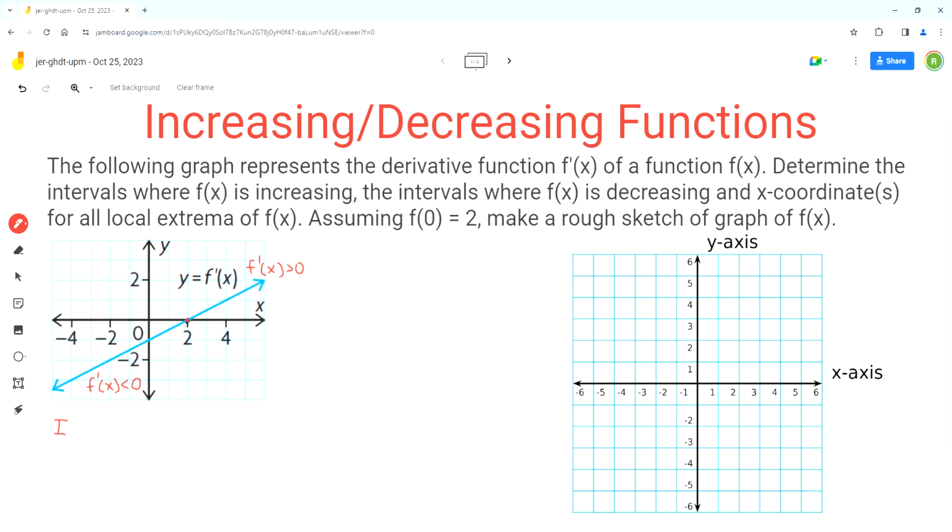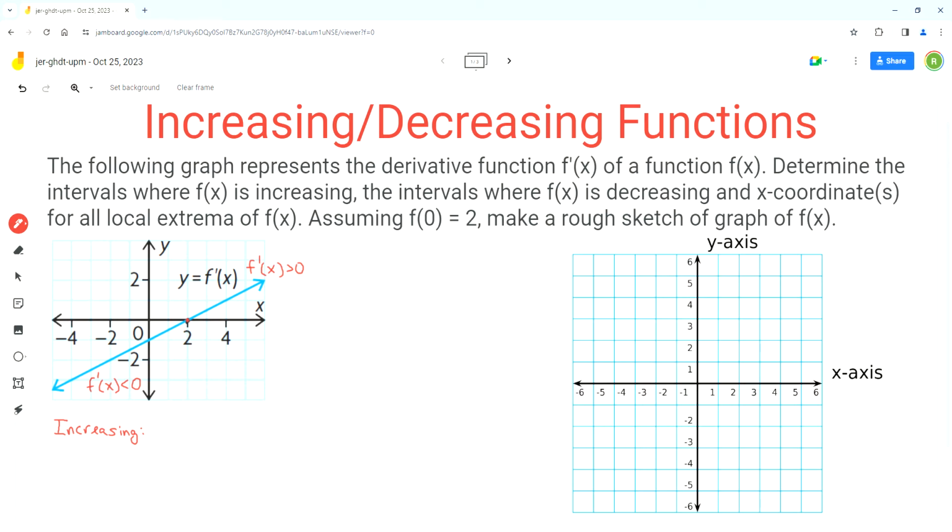So let's start with the increasing interval. In this case, the function is increasing over an interval when f prime of x is greater than 0. So in this case, it will be all x values to the right side of 2.